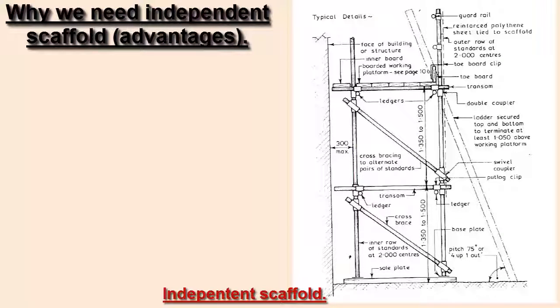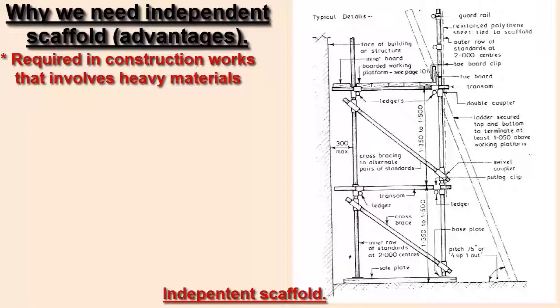It is required where there is heavy structural work, where it needs much heavier loading, or for skyscrapers, where the dependent scaffold cannot be suitable. That is why they double the rows of the platform, so that it can work in a very big construction work.